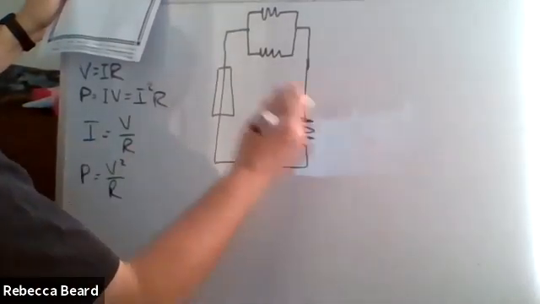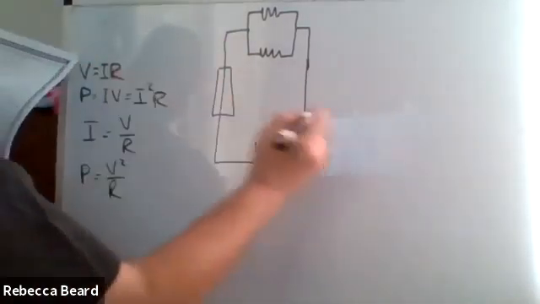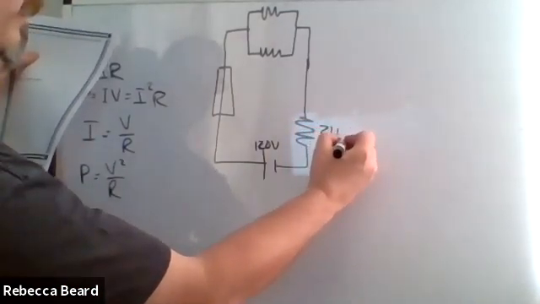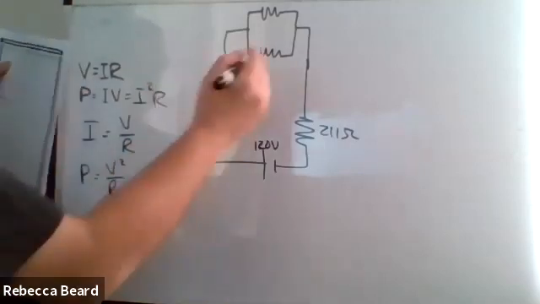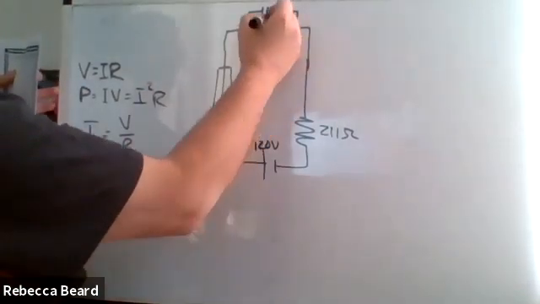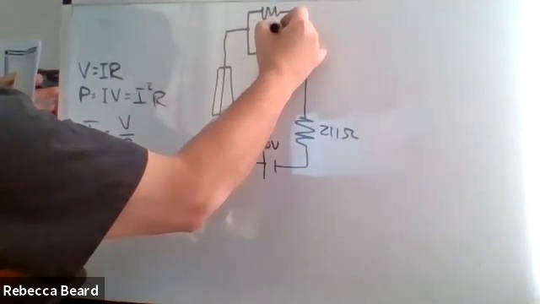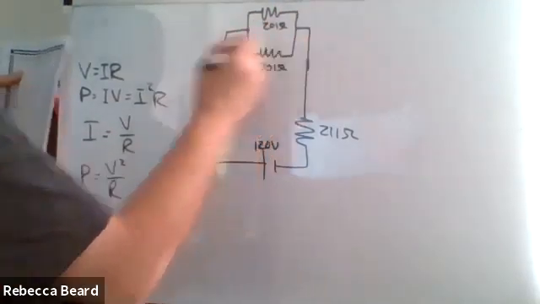We've got a 211 ohm resistor here. We've got 301 and 201 ohm resistors here.